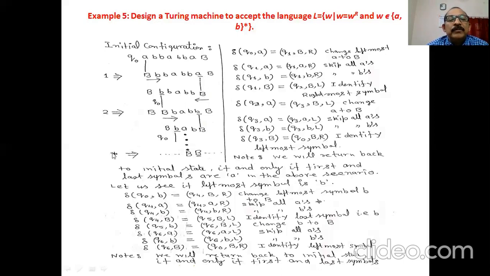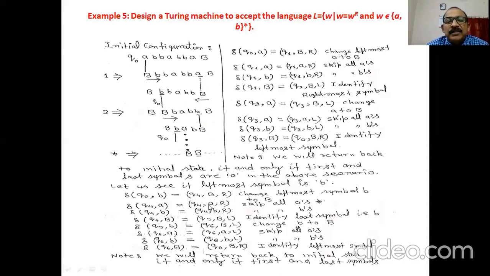So Q0, b → Q4, blank, and moves in the right direction. We change the leftmost symbol into blank. Now the machine is in state Q4, and what we want is to skip all a's and b's, and we repeat this step until the blank is encountered. So these three transition functions do the activities. Machine in state Q4, input is a.